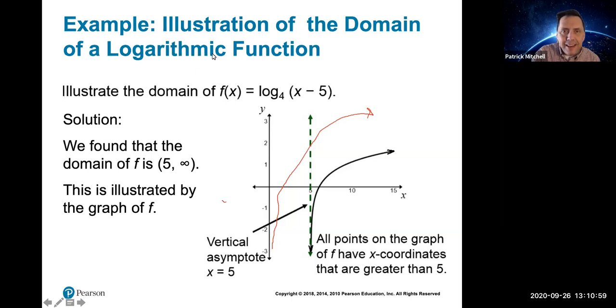Let me try this again. It's going to look something like, okay, that's a lot better. I was trying to go too fast. Okay, so when you shift that 5 units to the right, you end up with a graph that looks like what you see there.